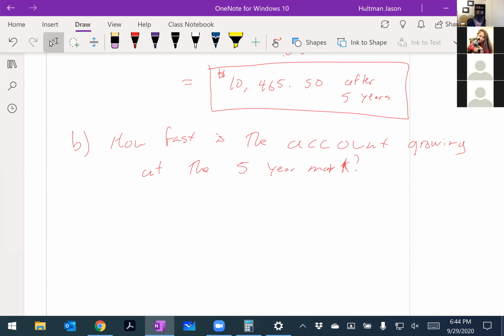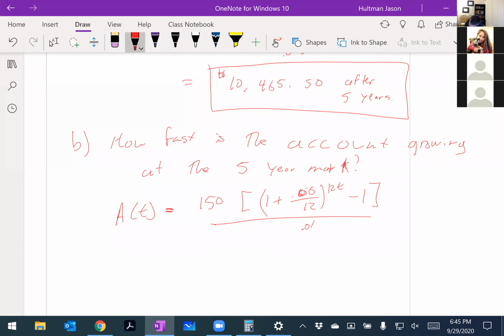Okay, we need to find out, well, what's A of t? A of t is going to be 150 times (1 plus 0.06 over 12) to the 12t, minus 1, all over 0.06 over 12.